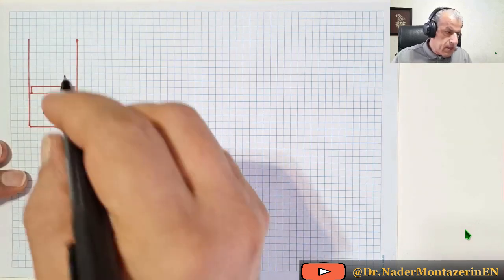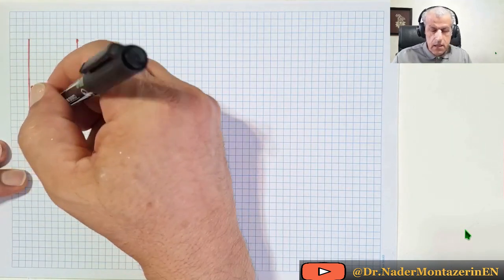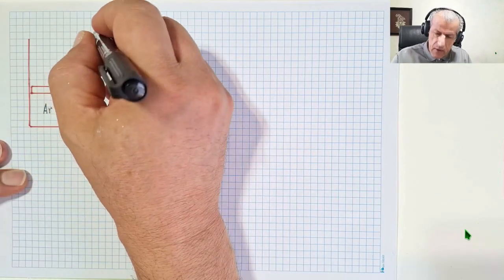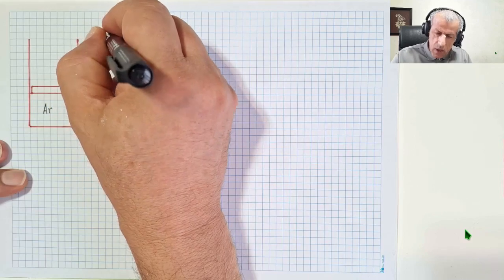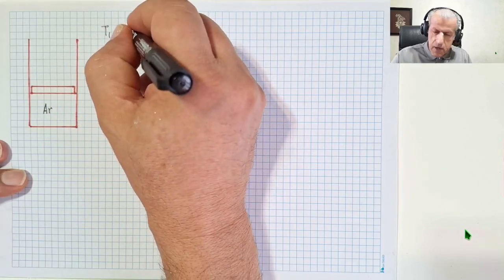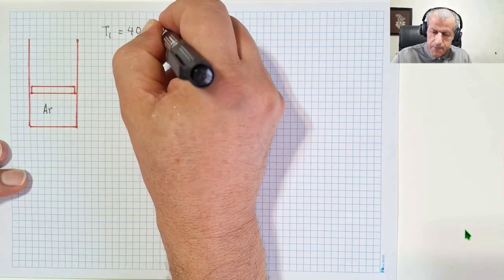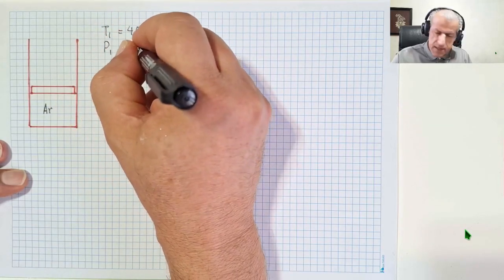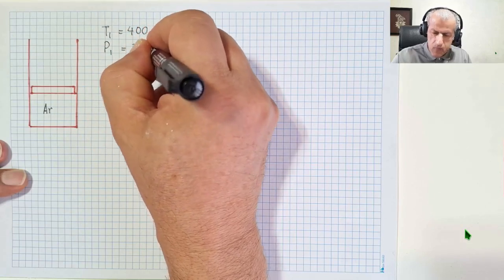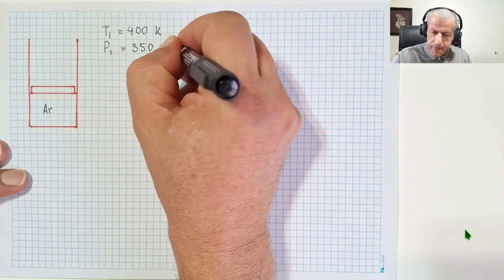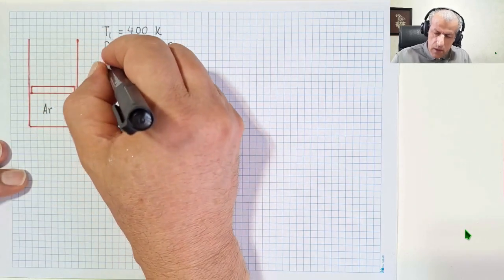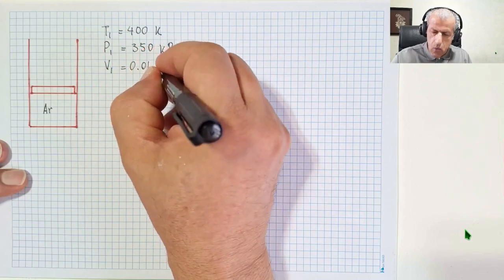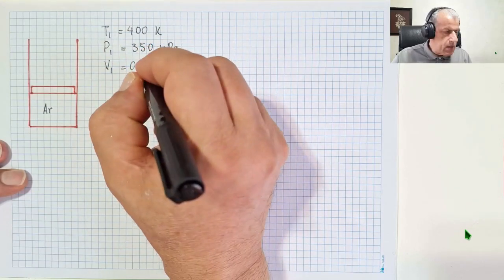Now, the problem tells us that argon is inside the cylinder piston device. Initial temperature T1 equals 400 Kelvin and P1 equals 350 kilopascal. And V1, the initial volume, is 0.01 cubic meters.